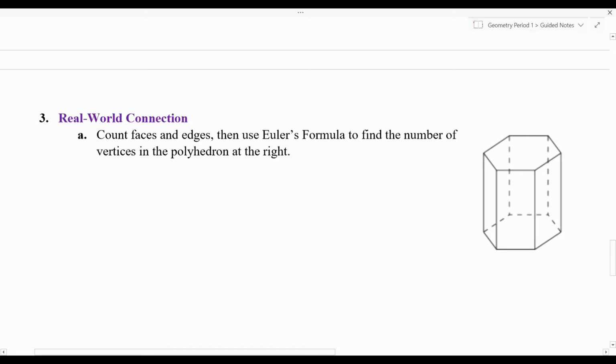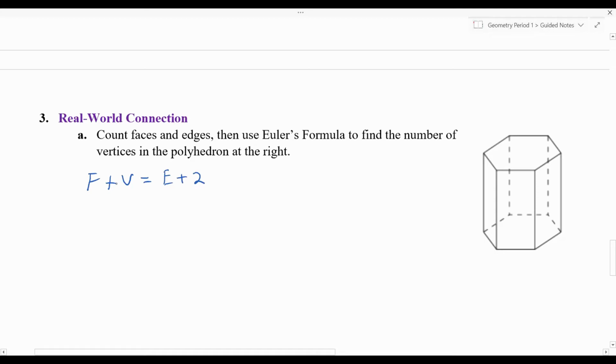So we know based on Euler's formula that we have faces plus vertices equals edges plus 2. All right. So we have that right there.